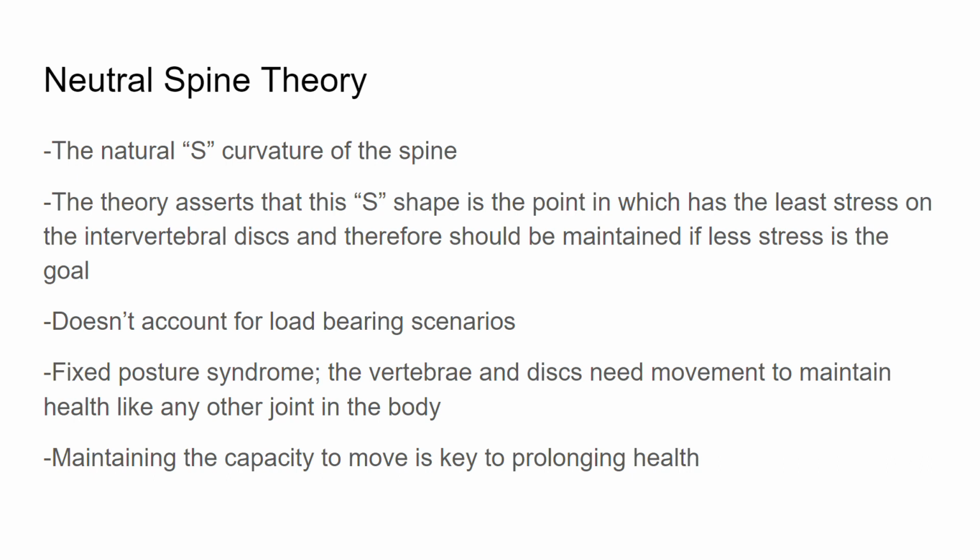So in those situations, you will have an almost instinctual shift in center of mass, and that neutral spine, that S shape, will change a little bit, because now you have an external force acting on the body, and they have to correct themselves in order to stay in balance. So this neutral spine theory doesn't really hold up when you're talking about any kind of lifting scenario.